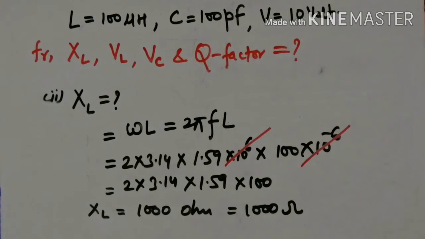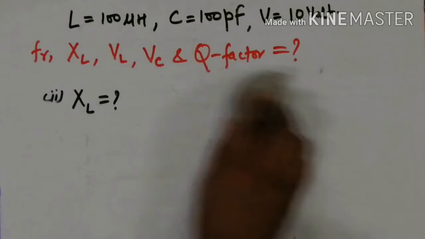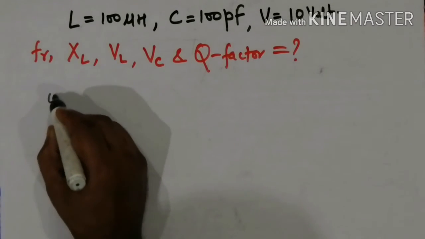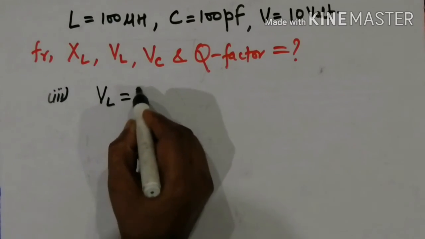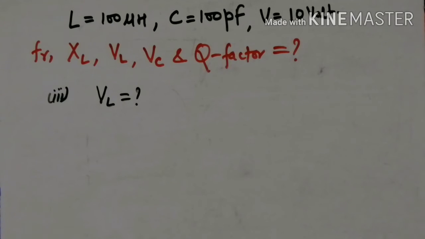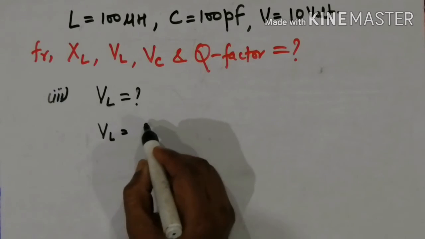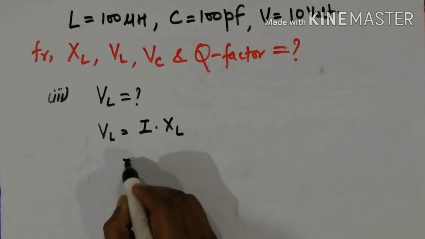Now see the third part. In the third part, VL. What is the value of VL? VL is equal to current into XL.